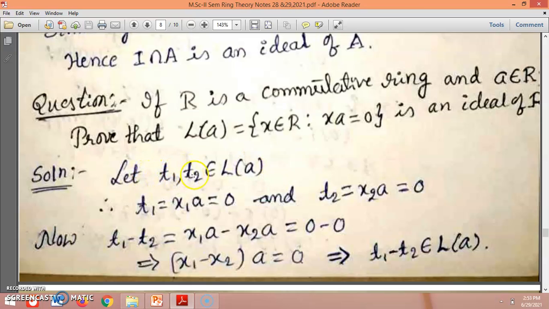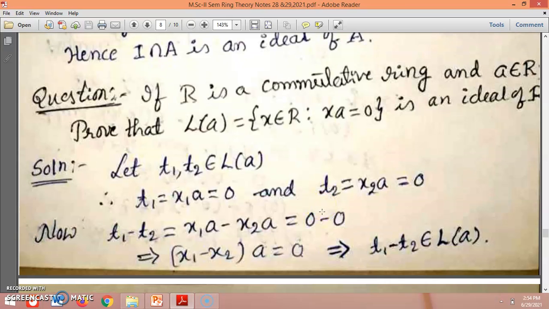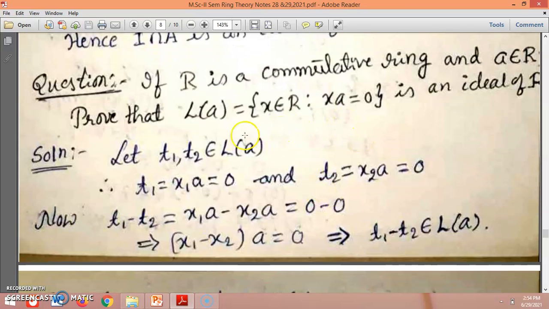Now let us take T1 and T2 as members of L of A. It means that, since xa equals 0, T1 is x1a equal to 0 and T2 is x2a equal to 0. So L of A satisfies closure under addition.